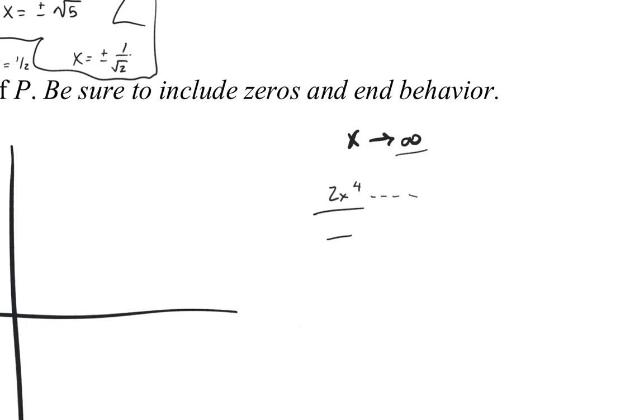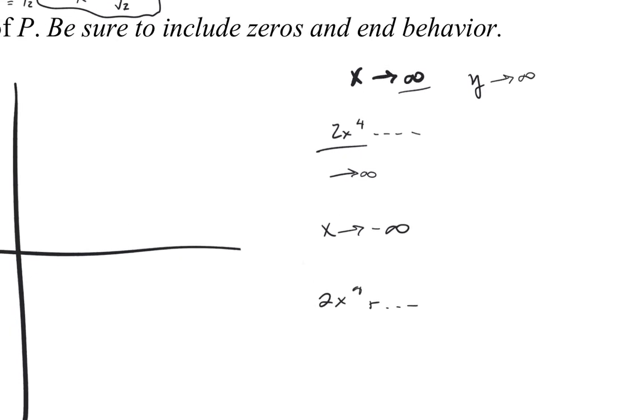This is going to approach infinity. So as x goes to positive infinity, y will do the same. As x goes to negative infinity, 2x to the fourth will approach infinity as well, since it's being raised to the fourth power, so the negative will go away. So y will also approach infinity.